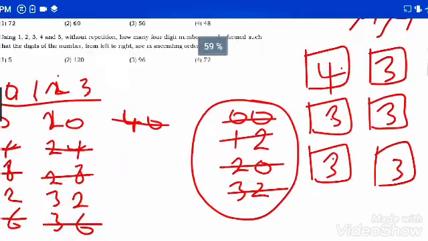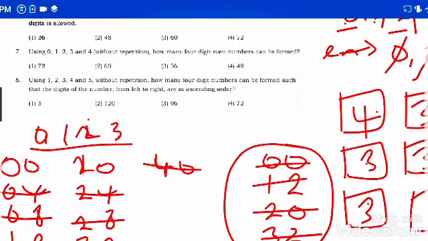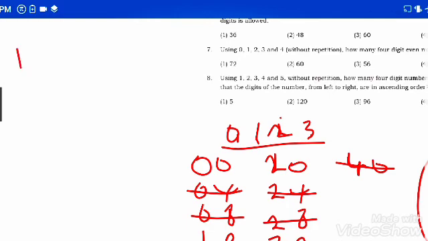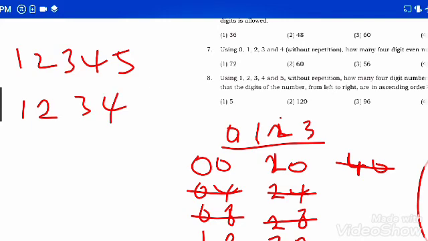Alright, the last but not least question says using digits 1, 2, 3, 4, and 5 without repetition, how many 4-digit numbers can be formed such that the digits from left to right are in ascending order? For this one, there's no hard and fast rule. We're using 1, 2, 3, 4, and 5, so we look at how to arrange these numbers. Remember, it must be in ascending order.